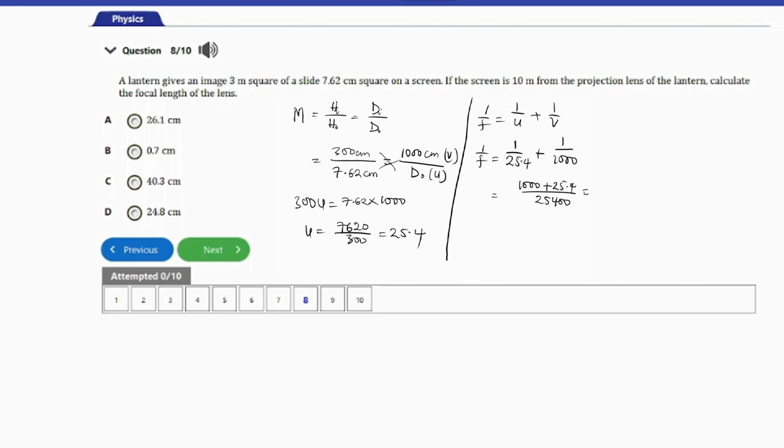So 1000 plus 25.4 over 25,400. So that will be 1025.4 over 25,400. So 1 over f is 1025.4 over 25,400. In that case, f is going to be 25,400 over 1025.4. So that will be 24.8, and that's option D here. So 24.8 is the answer to this question, and that's option D.